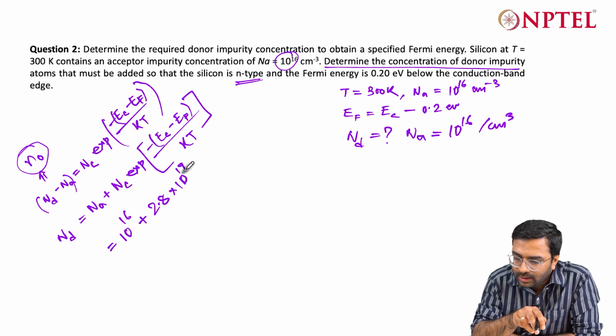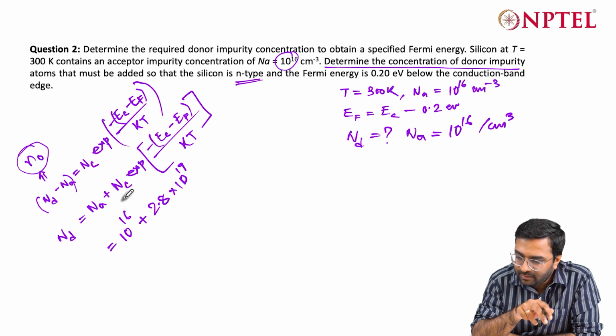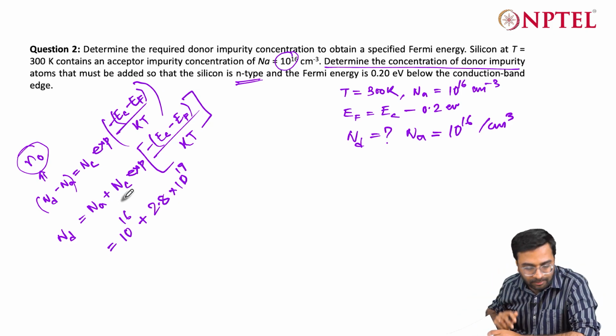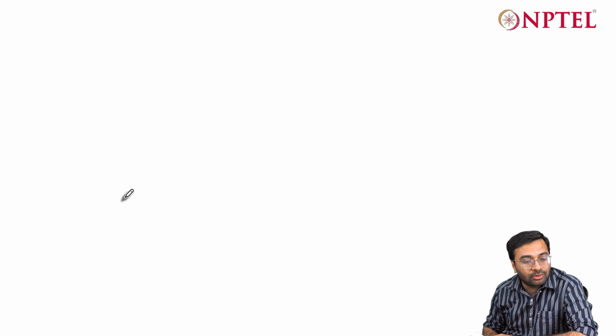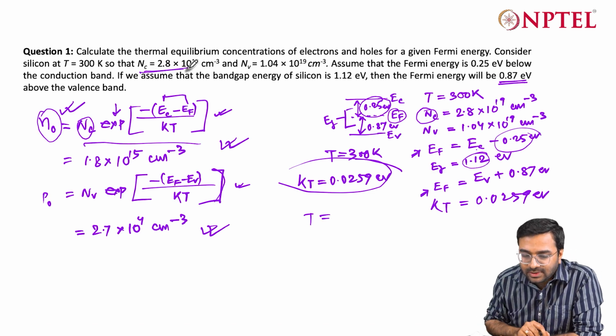But if you look at this question, this value of Nc is missing. So basically the value of Nc should be given, and probably this question is a follow-up question, where the value of Nc is already there.